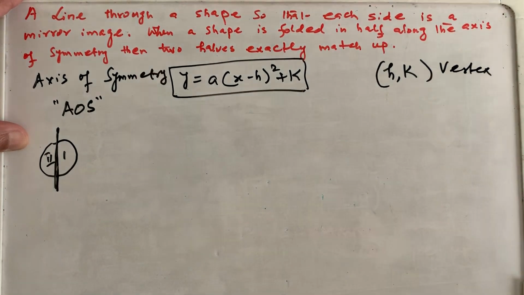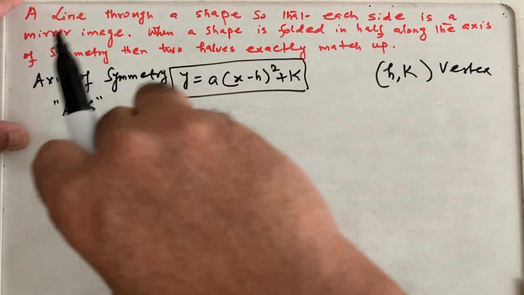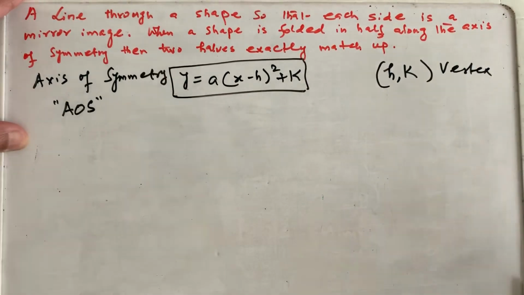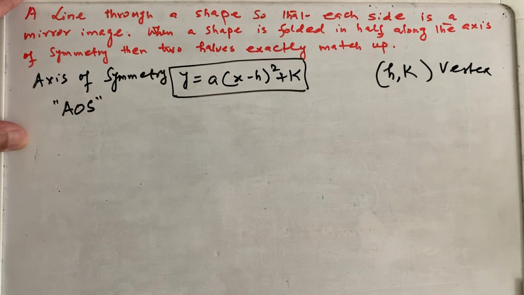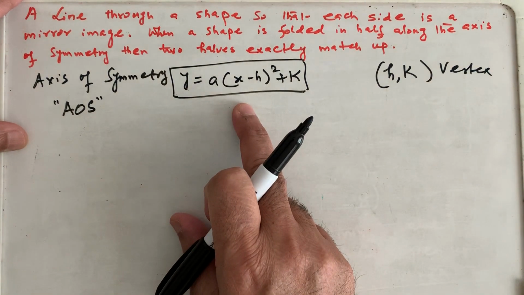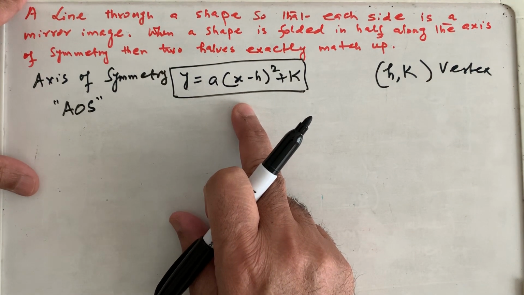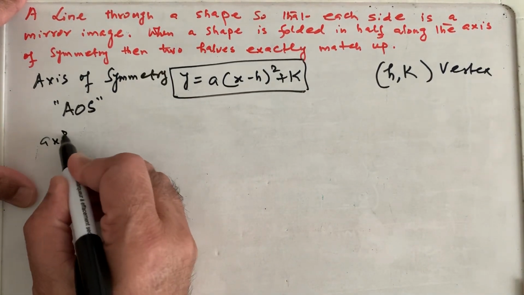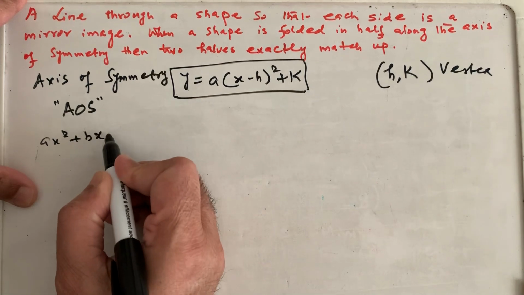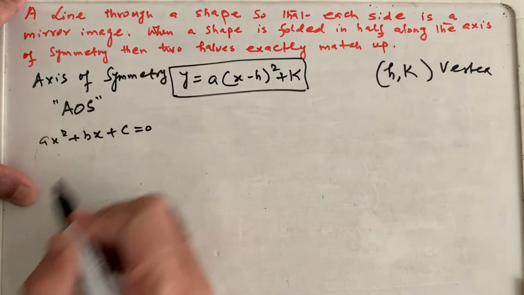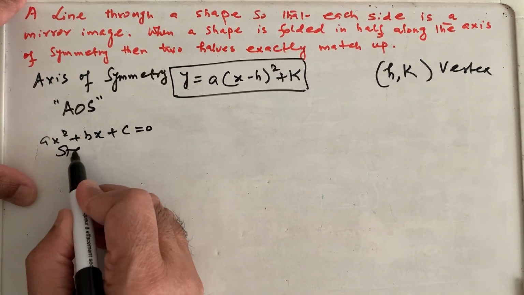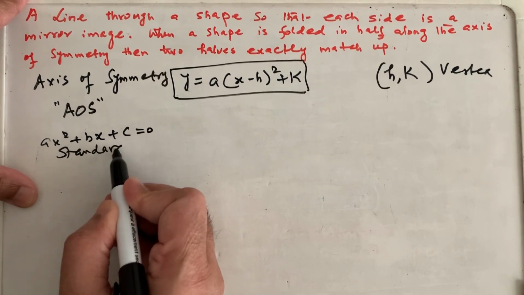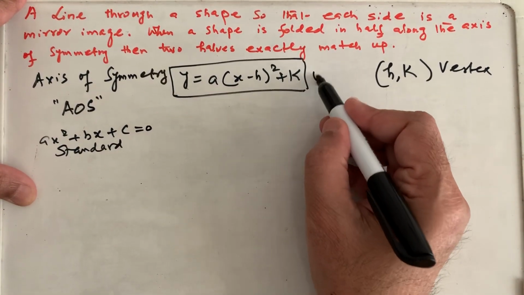But we are dealing with the parabola, and we will look at how to find the axis of symmetry if our equation is given in the vertex form or in the standard form. What is the standard quadratic form? ax square plus bx plus c. This is the standard form, and this one is the vertex form.